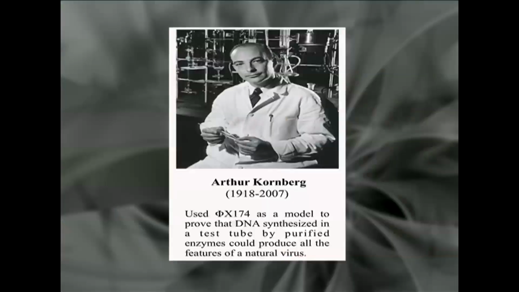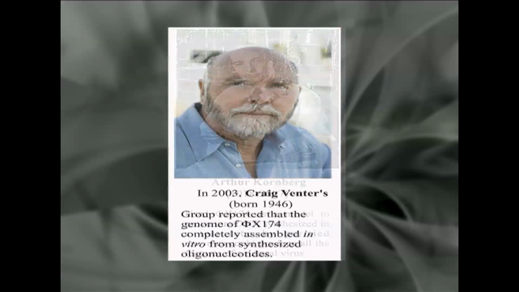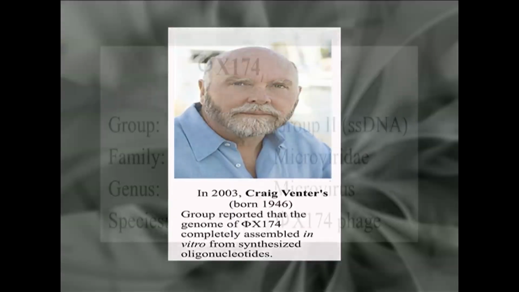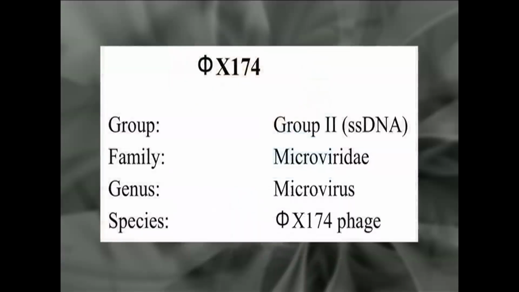Arthur Kornberg used ΦX174 as a model to prove that DNA synthesized by purified enzymes in a test tube has the same nature as the DNA of natural viruses. And in 2003, Craig Venter and his group reported that they had synthesized in vitro a ΦX174 genome from synthetic oligonucleotides. ΦX174 belongs to Baltimore group 2 because it has a single-stranded DNA genome.